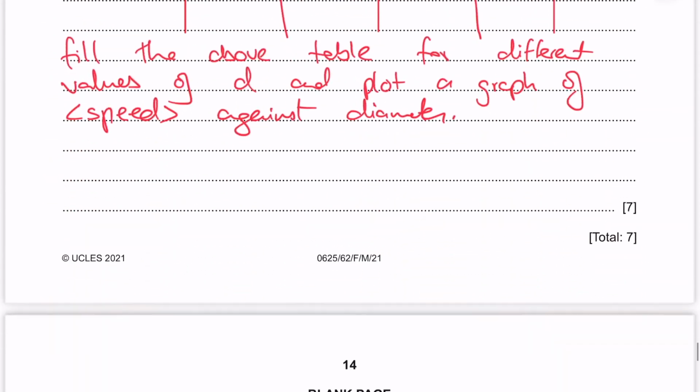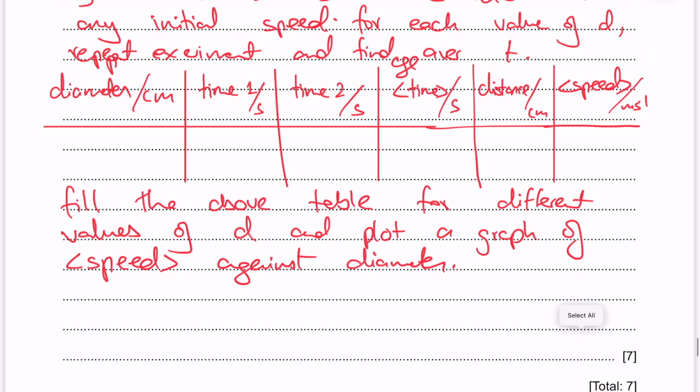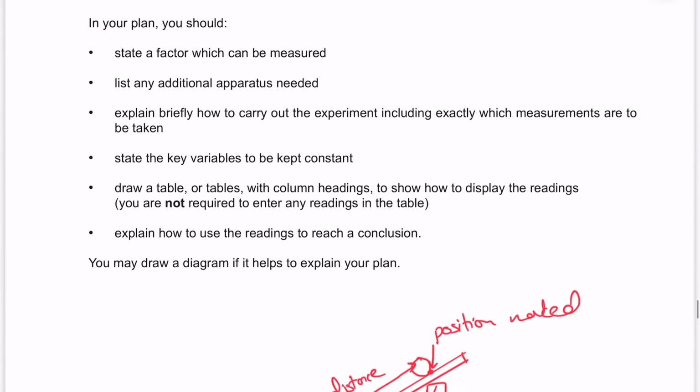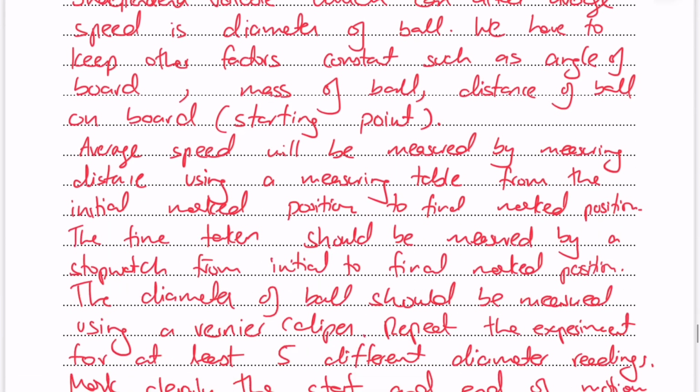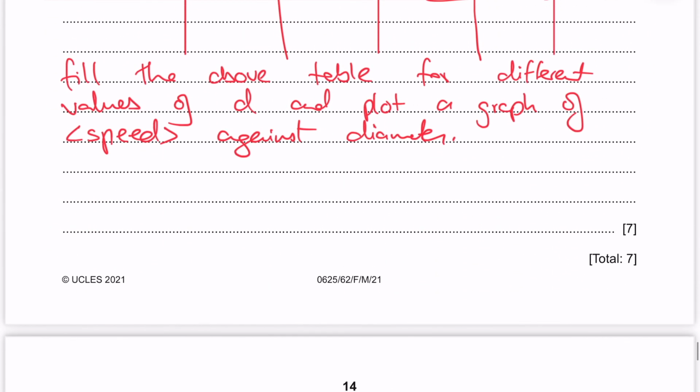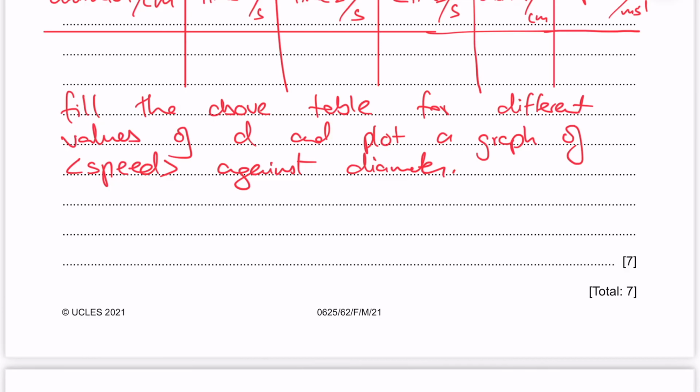So this is what we have to write in this experiment. We talked about the variables, the apparatus, the factor, the brief experiment, the table with column headings, and how to use the readings to reach a conclusion. So, yeah, that we have to talk about.